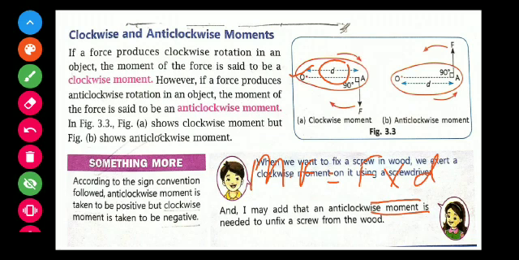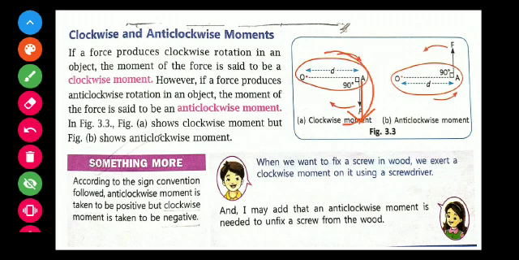Now, if we apply a force and the force produces clockwise rotation, in that case the moment of force is said to be clockwise. What is the clockwise moment of force? If we apply a force and the force produces clockwise rotation, then the moment of force is clockwise movement.